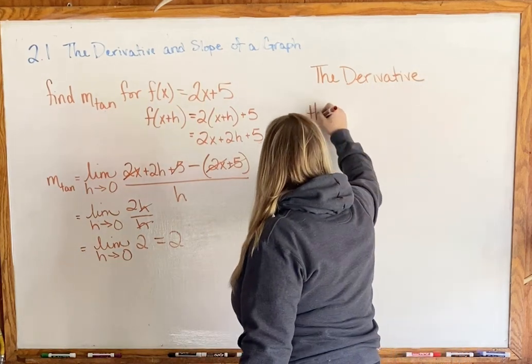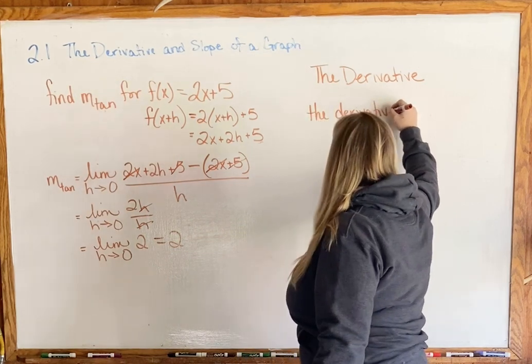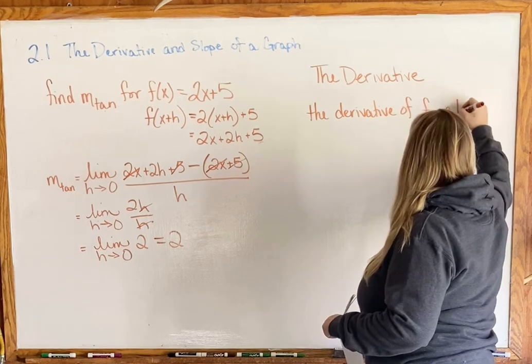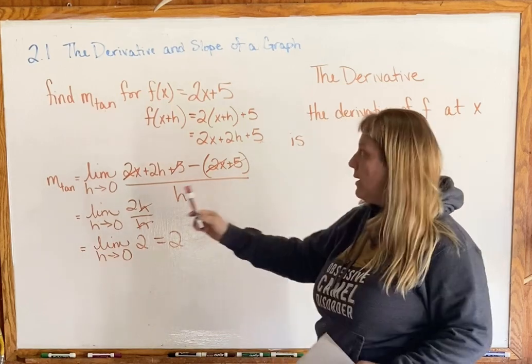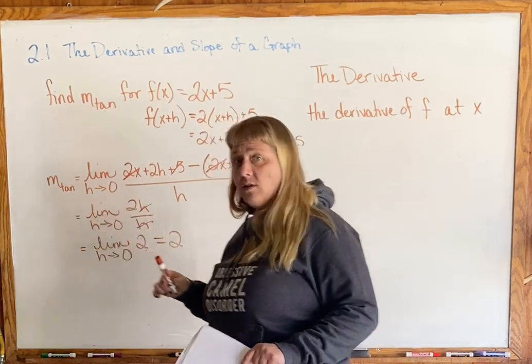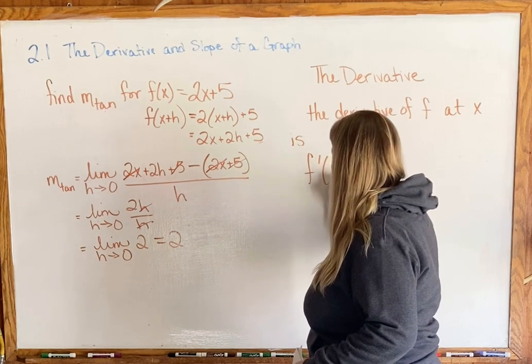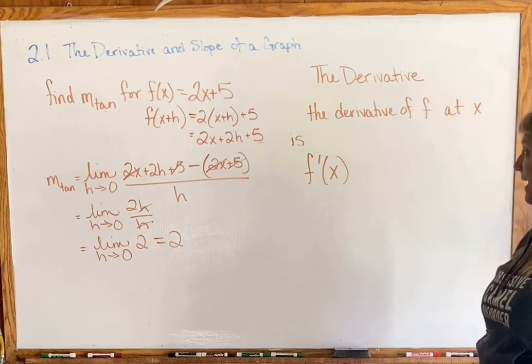So the derivative of f at x is, and we're going to stop using this notation, so the m tangent we're going to let go, and we're going to use a new notation that looks like this. f prime of x, and that's how you say that, f prime.